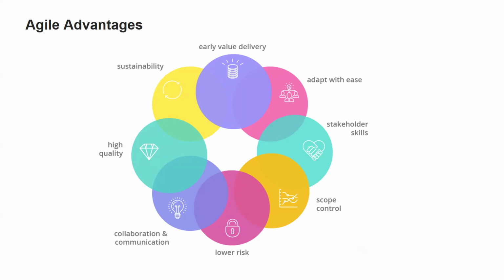Stakeholder satisfaction, scope control, and lower risk: we are sending products quickly, so if something is not according to customer standards, we can change it in the next sprint rather than waiting a long period of time. High quality, sustainability, collaboration, and communication. We are a small team and we communicate on a daily basis, so the communication and collaboration is higher.